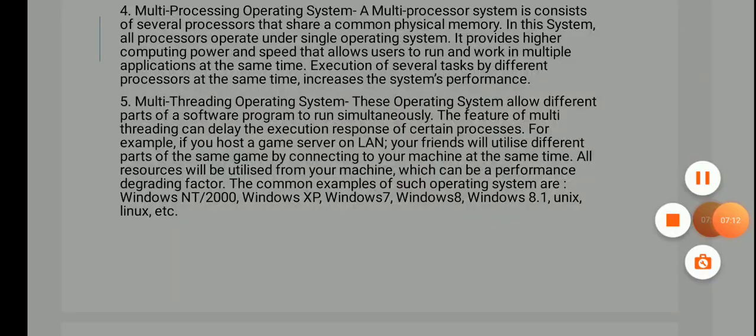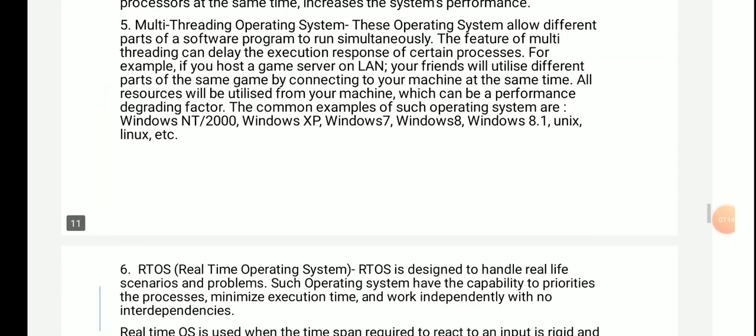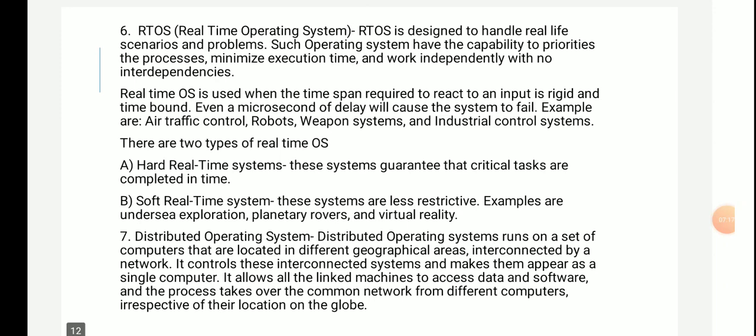The next type of operating system we have is RTOS, which is also known as real-time operating system. This type of operating system is designed to handle real-life scenarios and problems.